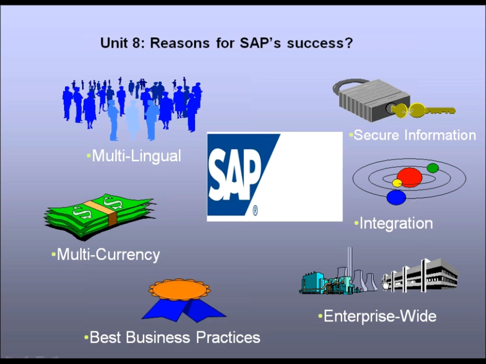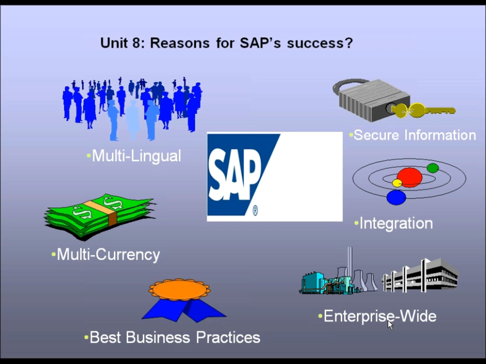And then enterprise-wide solutions. It's not just that SAP provides solutions for management or for finance. SAP does provide solutions for virtually all the process areas or the modules or the applications that a customer will have. Once you buy SAP, if you want to implement SAP in all the process areas, you can do so.